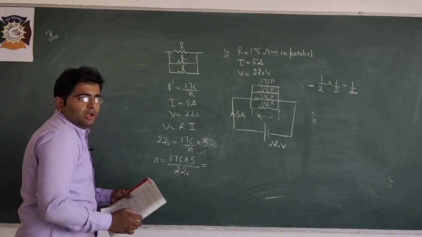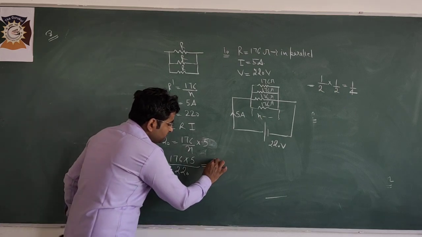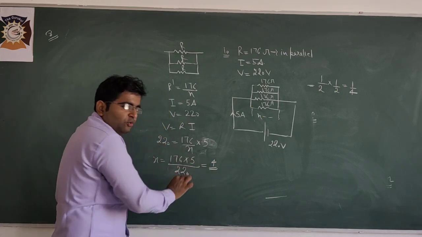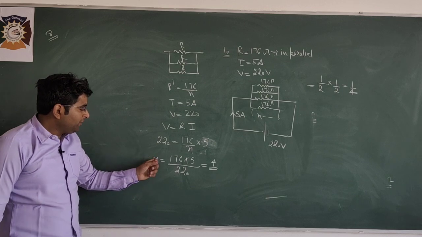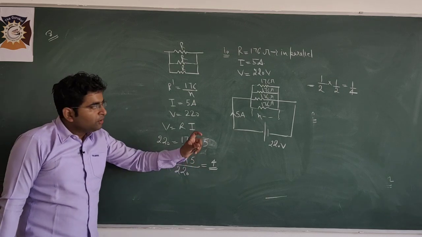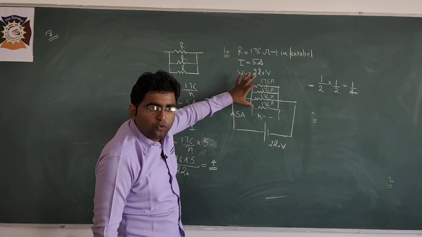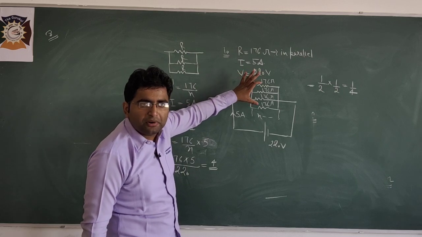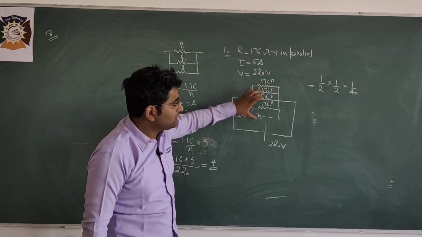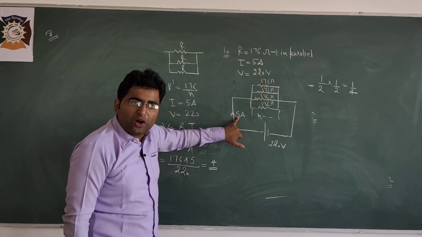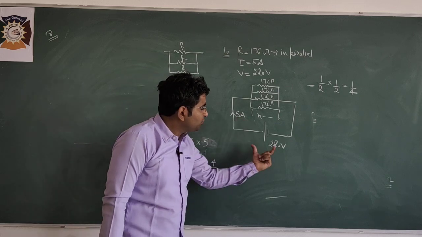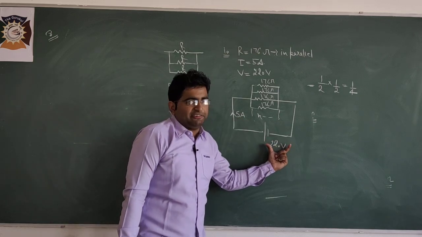And the answer will come out to be 4. When you solve it, you will get n equal to 4. So you have to connect 4 resistors of 176 ohm in parallel so that the current in the circuit is 5 ampere when you apply 220 volt potential difference.